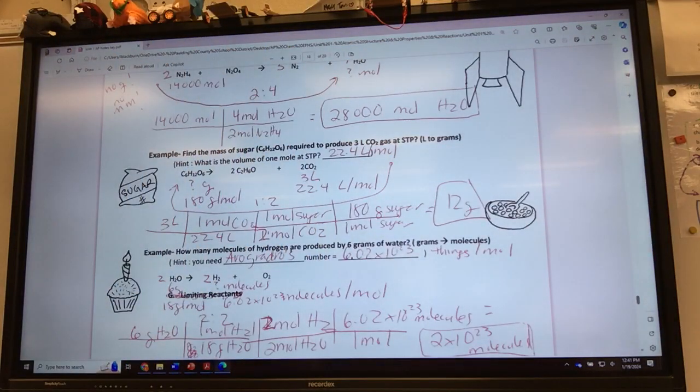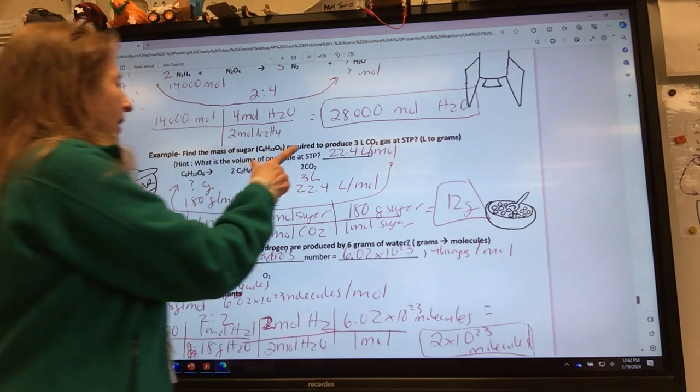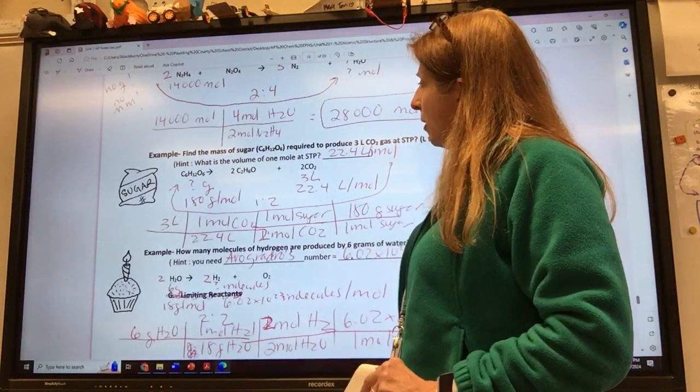Those of y'all who had me before, you'll remember your box. 22.4 liters. And if it's atoms, it's 6.02 times 10 to the 23rd. Atoms, particles, anything like that. Do y'all remember that a little bit? You have to memorize that, 22.4 liters per mole.